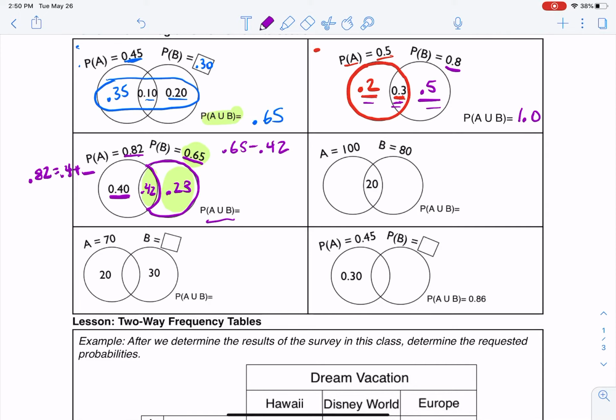So that would be 4/10 plus 0.42 plus 0.23, and that's going to be 1.05.